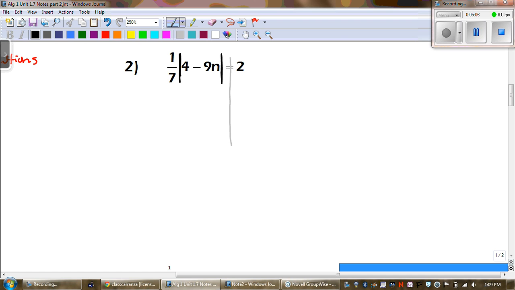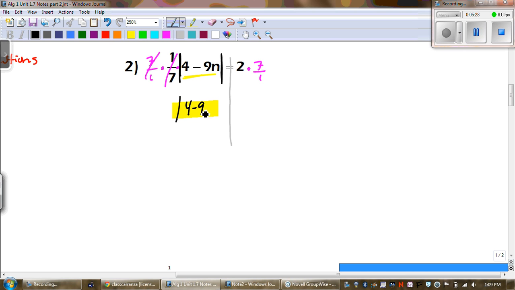All right? So we have to figure out, how do I get rid of that 1/7? Well, remember that that's multiplication, and the opposite of multiplying a fraction is you multiply by its reciprocal. Those cancel. Your absolute value stays the same.